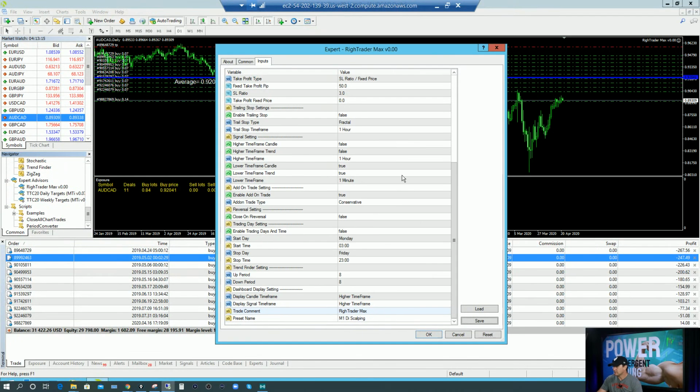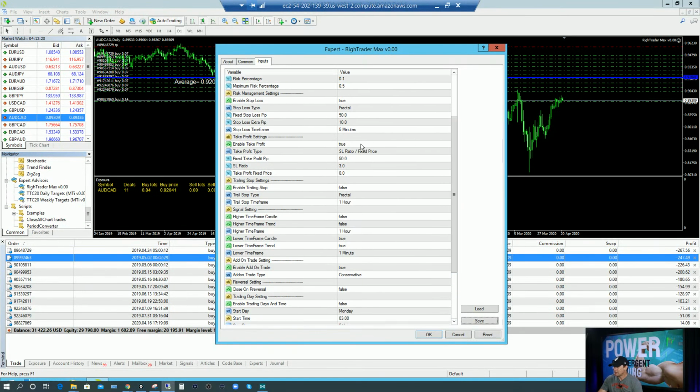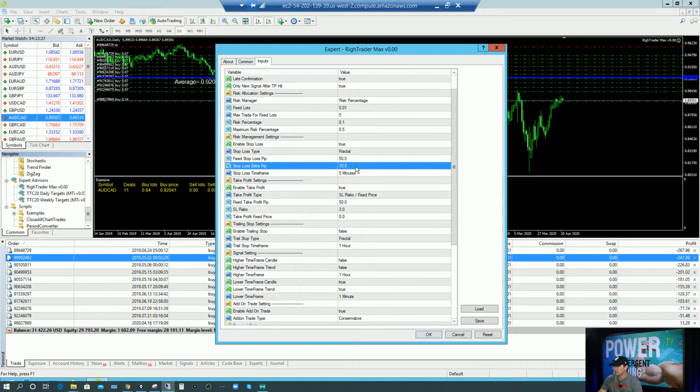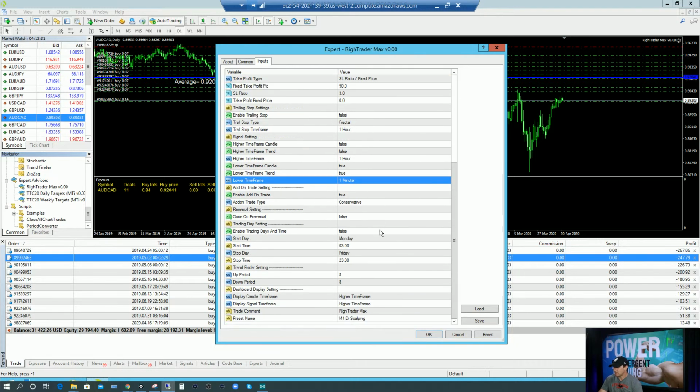All right, save it there. Now I'm going to double check my numbers that I have right here. I've got the trading stop loss, 5 minutes, going to be on the 5 minute. I'm trading the 1 minute trend. All right, cool, I got everything I need. All right, fantastic, so that's saved right here.